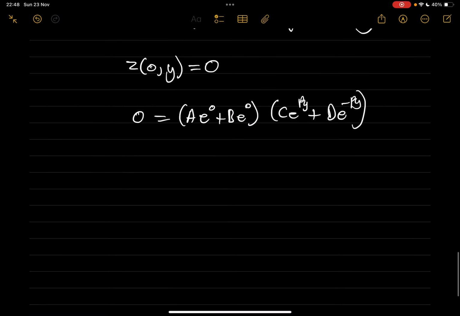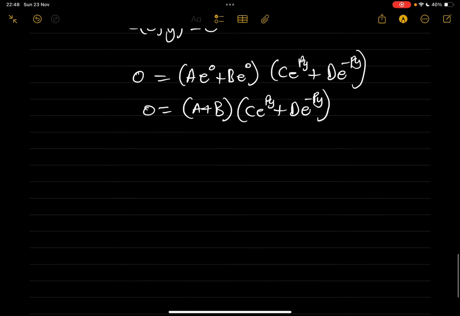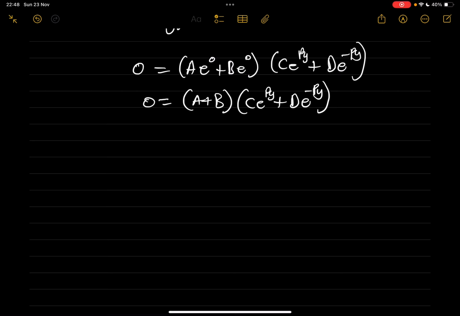So this is 0 for a plus b, times c e to the py plus d e to the minus py. And this is very important. We are saying this side is equal to this side, which means this side is 0. So what can make this side 0? That's very important.